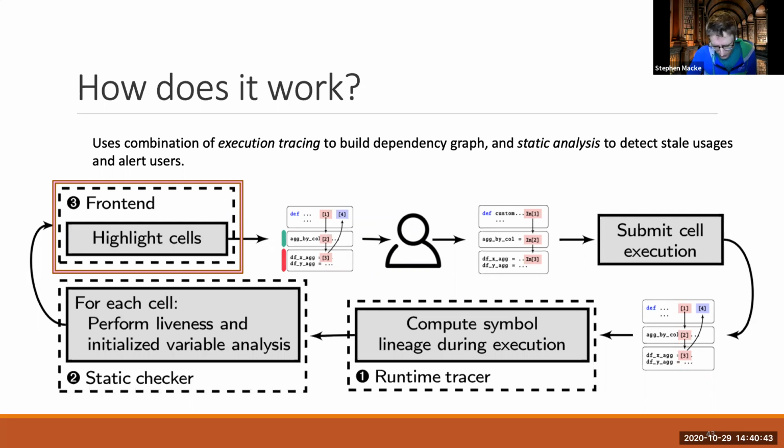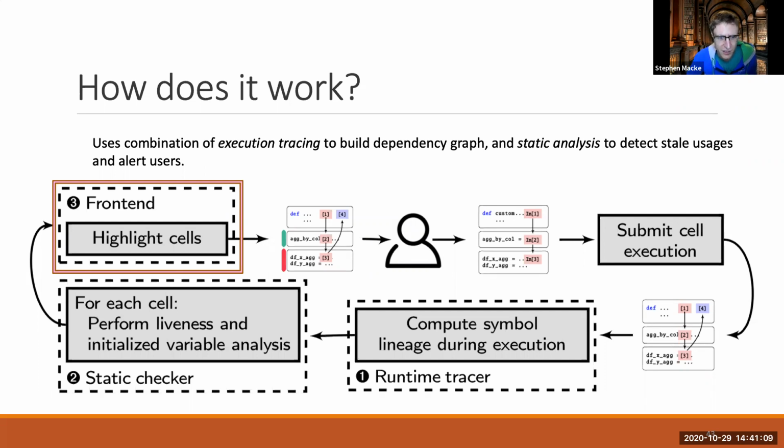Okay, good question. The tracer is using Python's built-in tracing utilities. The sys module has a settrace method, and it takes a callback, which gets executed for different kinds of events. We actually had to do a little beyond that, so I'll refer you to the technical report for those details.